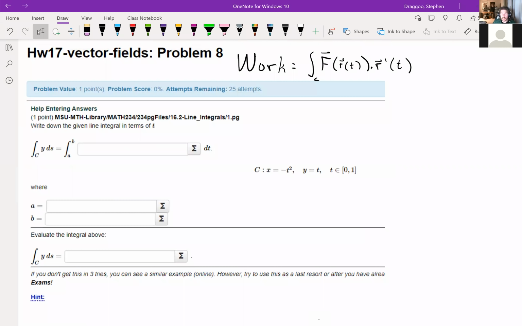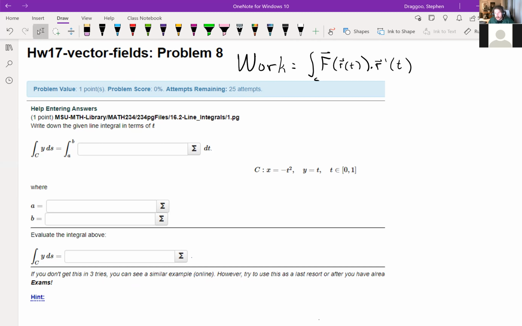All right, let's take a look at this work problem. So write down the given line integral in terms of t, or rather this one isn't work. I've just written down the equation for work because I think that'll be important. So if we're moving beyond just the algebra definition of work that you have in an algebra approach to physics, and look at the calculus definition, then it's some force field dotted with a position derivative vector, and we integrate that thing.